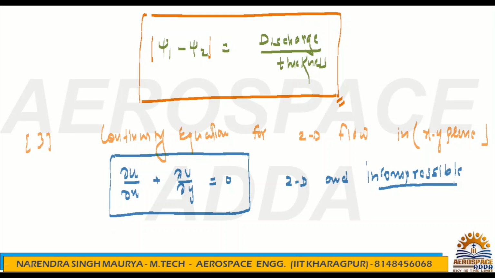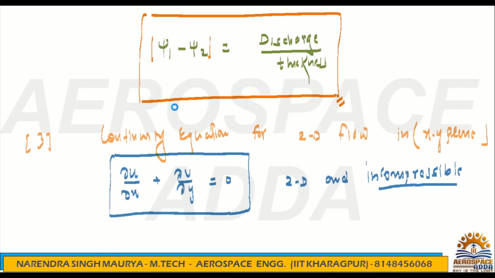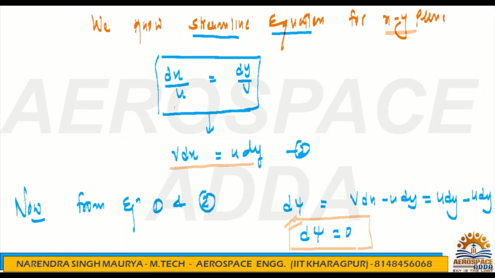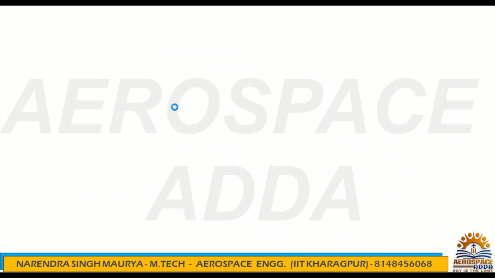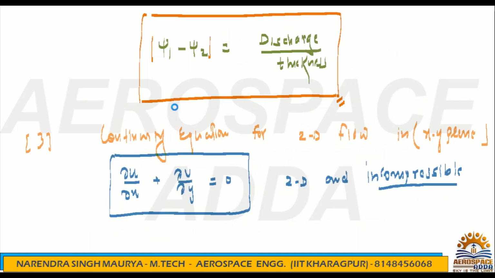Now what is the continuity equation we got here? dou u by dou x plus dou v by dou y is equal to 0. See, we are going to satisfy it with the stream function. What is u? Just now you have written u is nothing but minus dou psi by dou y. We just satisfy it with that: minus dou psi by dou y.